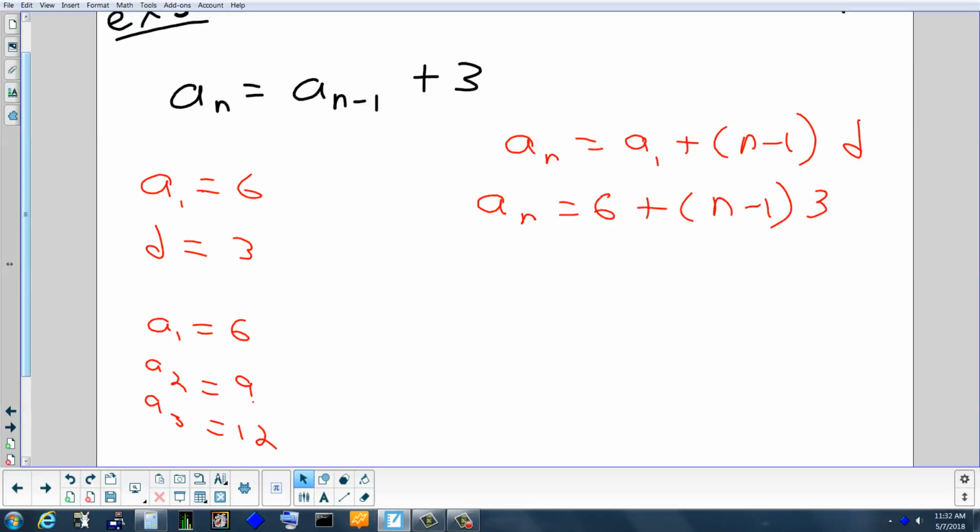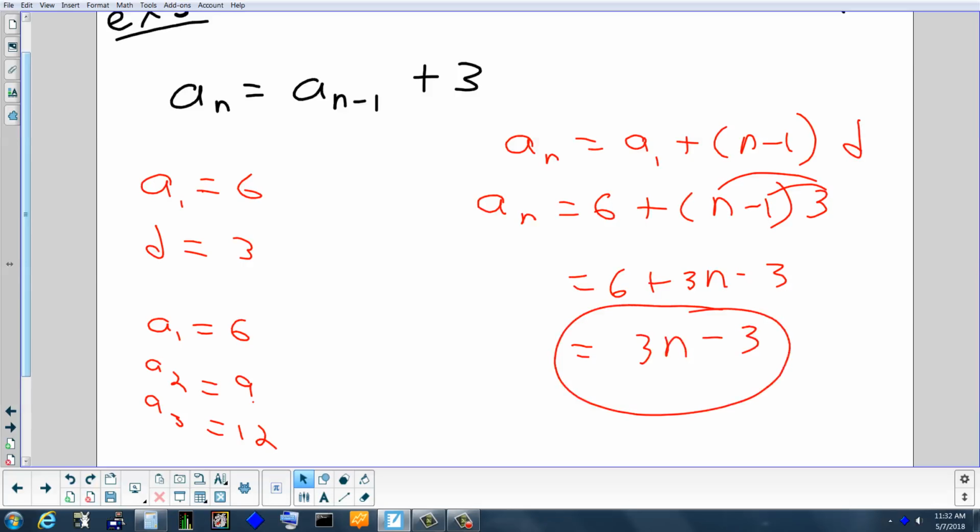Now, at this step, you should do this out. So we'll FOIL this out. We get 6 plus 3n minus 3, which is 3n plus 3. So the pattern here should be triple the position you want, and then add 3. Or subtract 3, sorry.